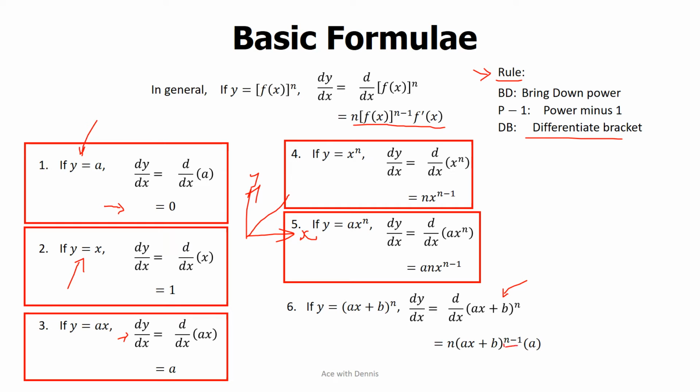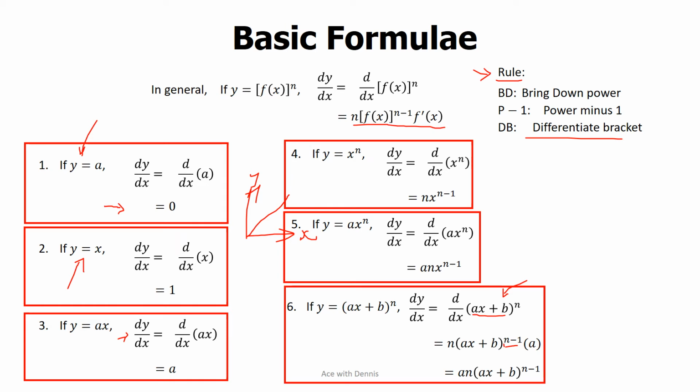When I differentiate ax plus b, differentiating ax I get a, and differentiating b, a constant, I get 0, because we can go back to rule number 1 and rule number 3. This can then be rewritten as a n (ax plus b) to the power n minus 1. This is the sixth basic formula.